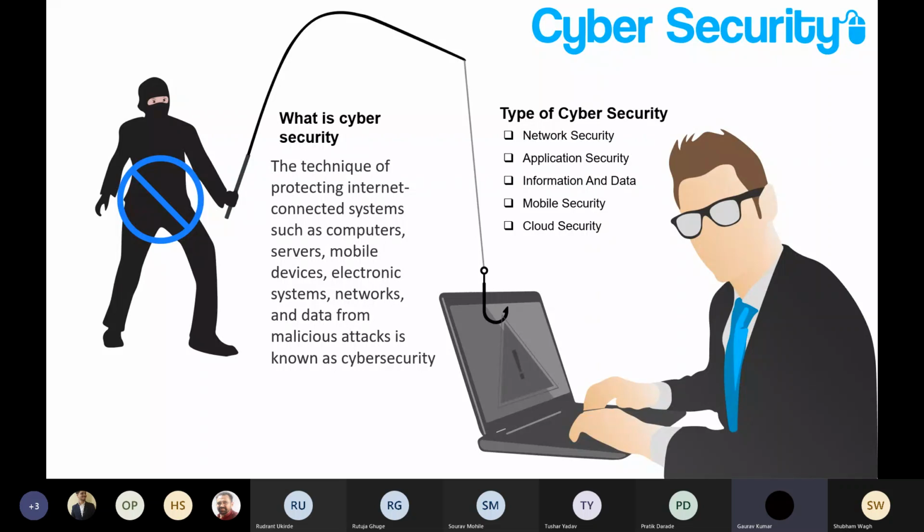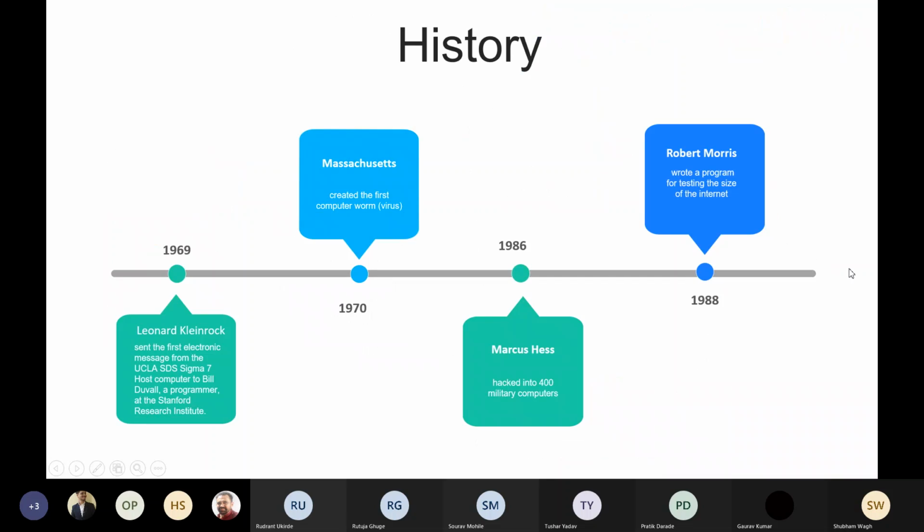So, moving on to the history of cybersecurity and cyber attacks. There were many incidents of cyber attacks and cyberbullying. Initially, it started from 1940, but the main incident was in 1969 by Leonard Kleinrock.